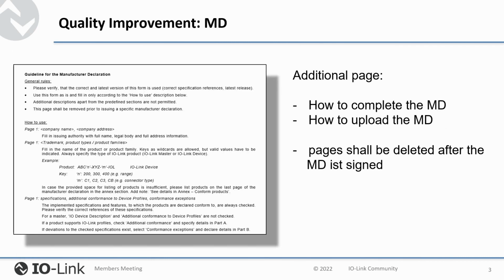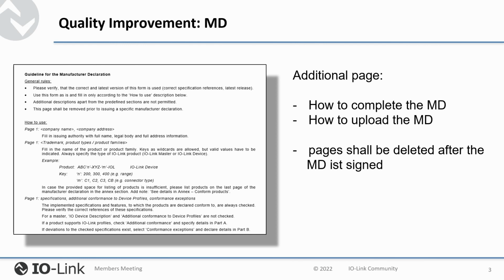And what is another extension to the manufacturer declaration? If you wonder, I think page 3 and page 4 are added to this form. And this is, let's say, a tutorial or explanation of how to complete the manufacturer declaration. It also describes the process of how to name the manufacturer declaration and how to upload it to the IODDfinder.